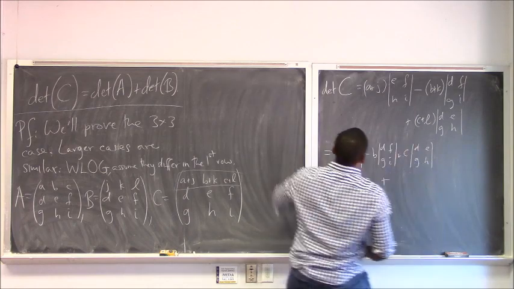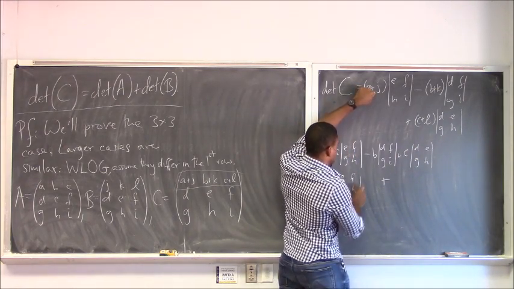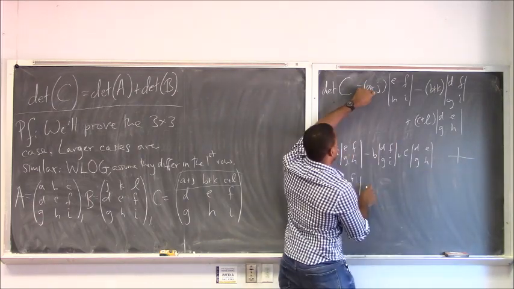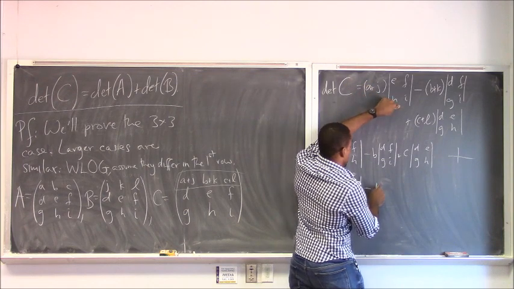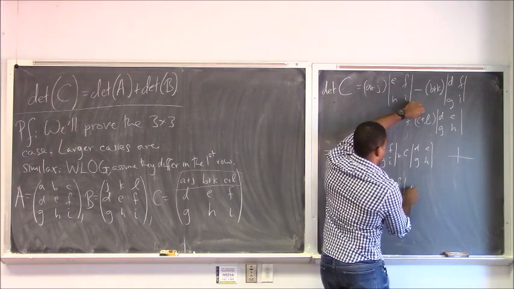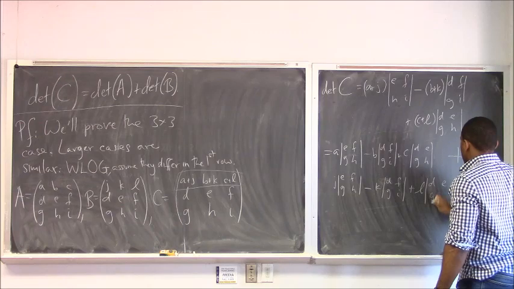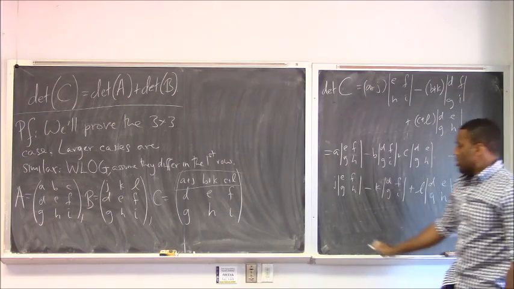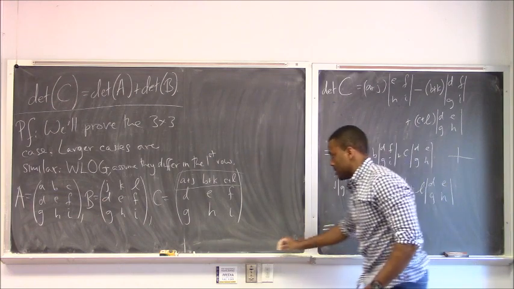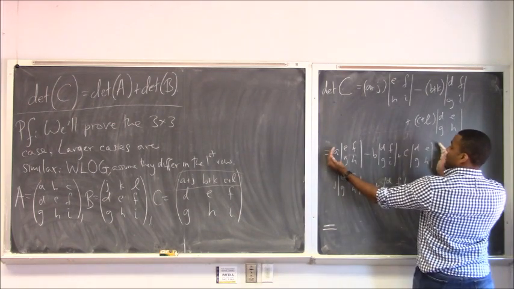plus J times the determinant of [E F; G H], minus K times the determinant of [D F; G I], plus L times the determinant of [D E; G H], which is equal to, what is this guy?